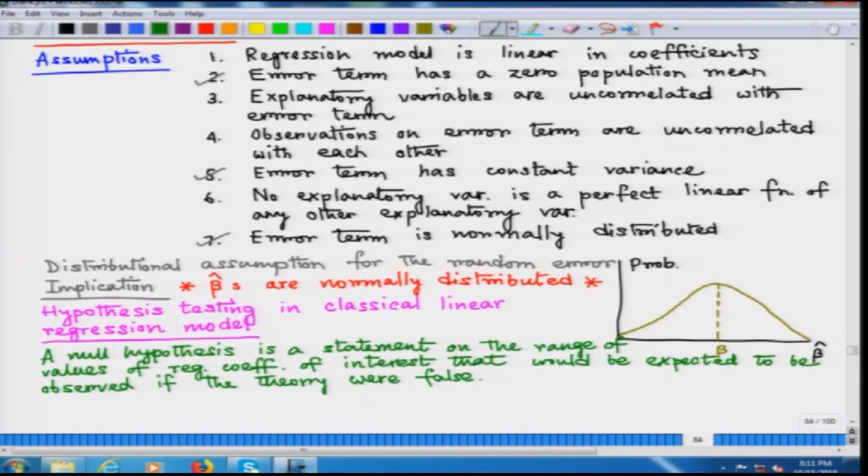Okay. There is also a concept of alternative hypothesis that we are going to study.